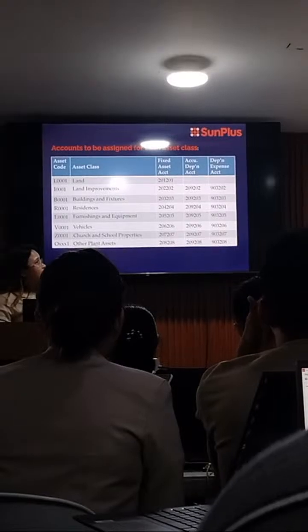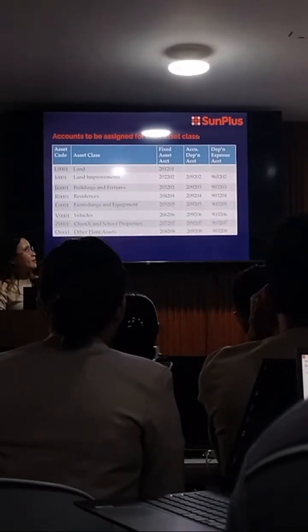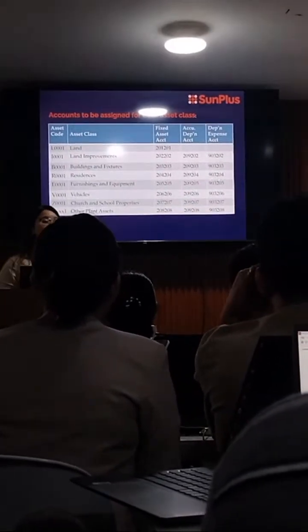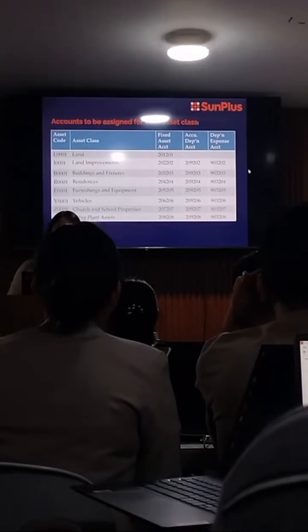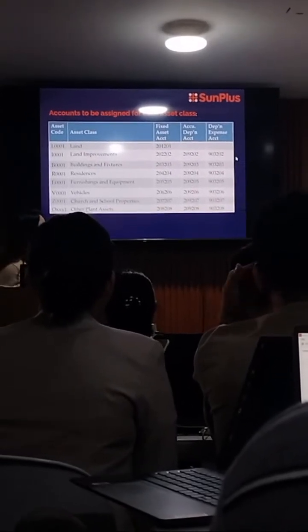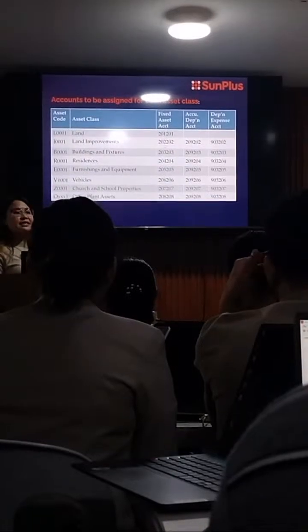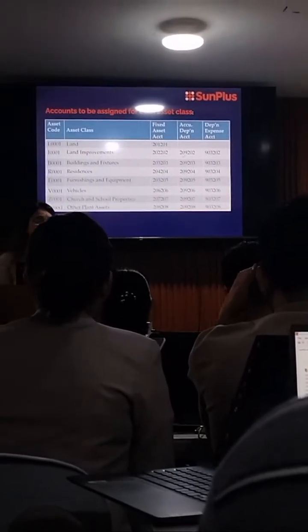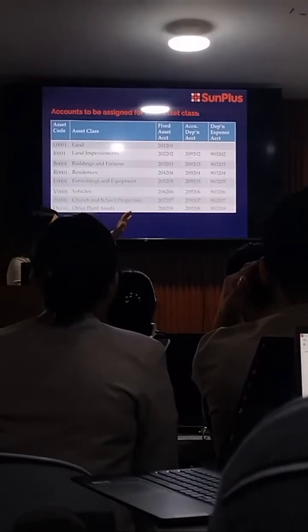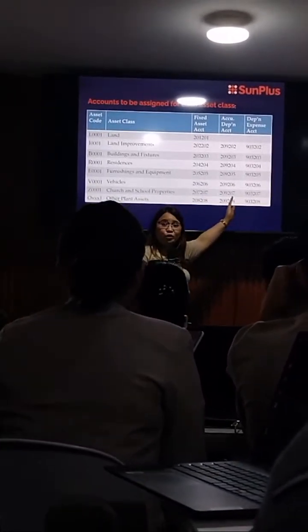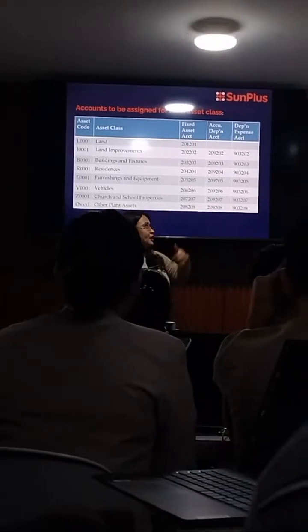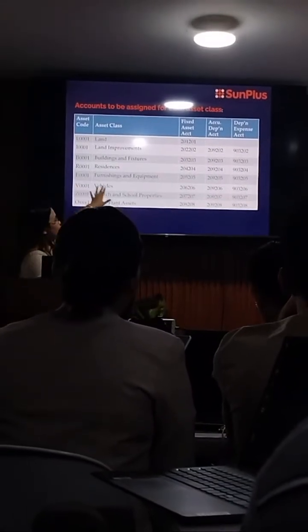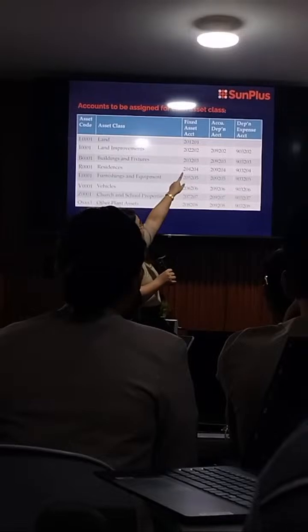And then depreciation expense account starts with 9 because 9 is expense. So you will see 2, that is an asset account. Again, 2, asset account because this is a contra asset account. Okay, so you will see there's a trend here.